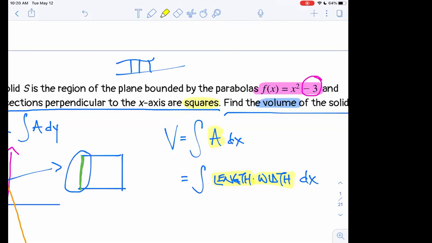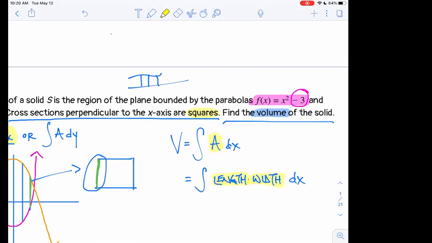And if I said the cross sections are rectangles, would that change what we have, or would it keep it the same? Keep it the same. Yeah, if we had rectangles, we would keep it the same, right? So the only difference with the square and the rectangles, the square is a special case. It's so special because the length is equal to the width for the square, okay?